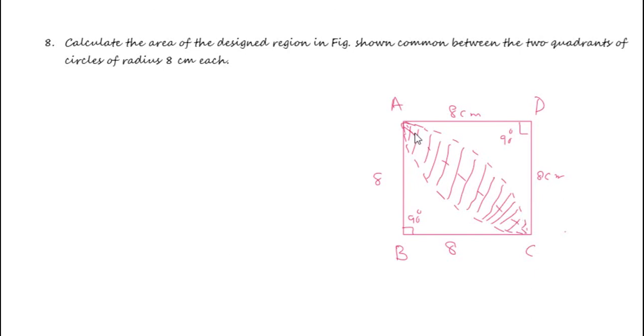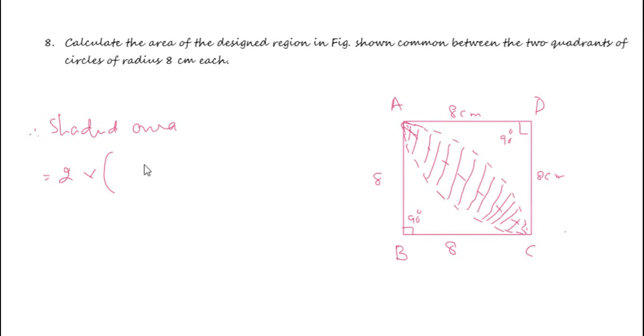Half region, that area of the quadrant minus area of this triangle, I will get half the portion of the shaded area, into 2 will give the entire area. Therefore shaded area equal to 2 into area of the quadrant.